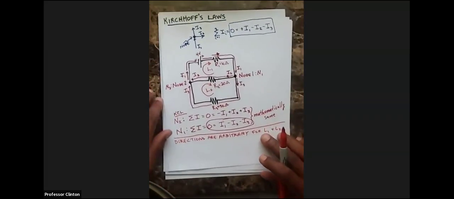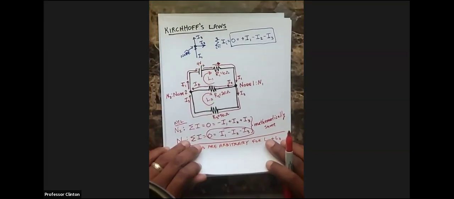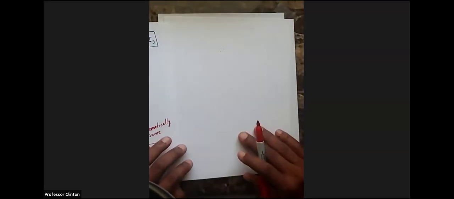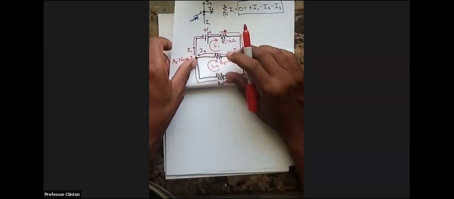We're going to press together the current rule, and at the same time, we're going to look at the voltage rule as we analyze this. A little bit more room here.